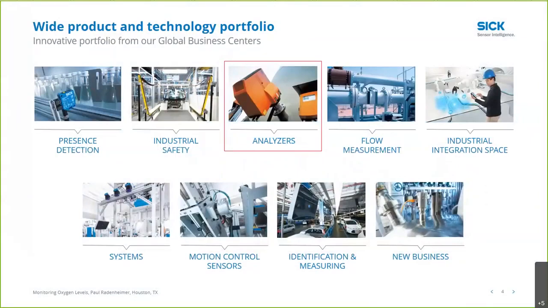Today's transmitter comes out of our analytical group, but we also have a number of sensors for presence detection in factories, industrial safety around moving equipment, flow measurement in natural gas or in a flare line, and in the industrial application space, the confluence of robotics, programming, the cloud, and Industry 4.0. We have a number of other sensors that are available for systems, motion control, identification, and exploring new business areas continuously.